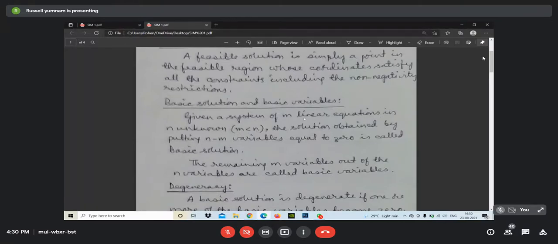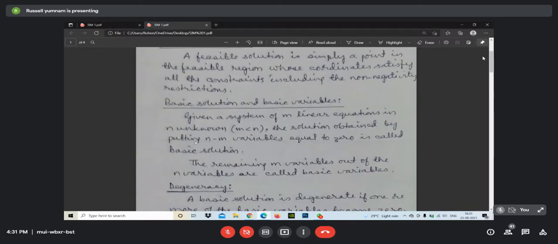Here m is the number of equations and n is the number of unknowns. In our case, m is 2 and n is 4, so m is less than n: 2 is less than 4.